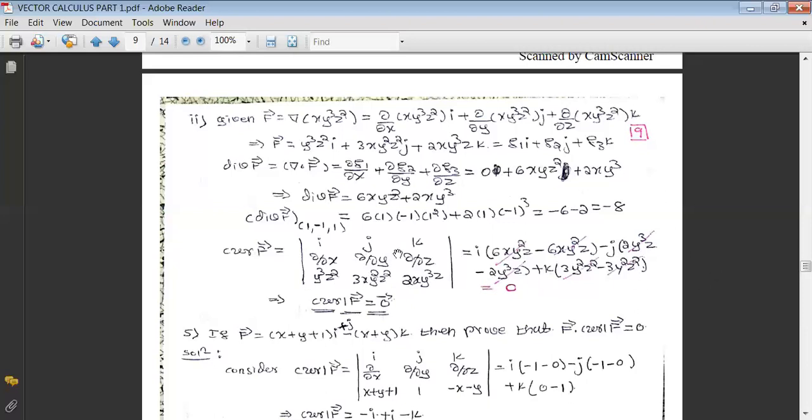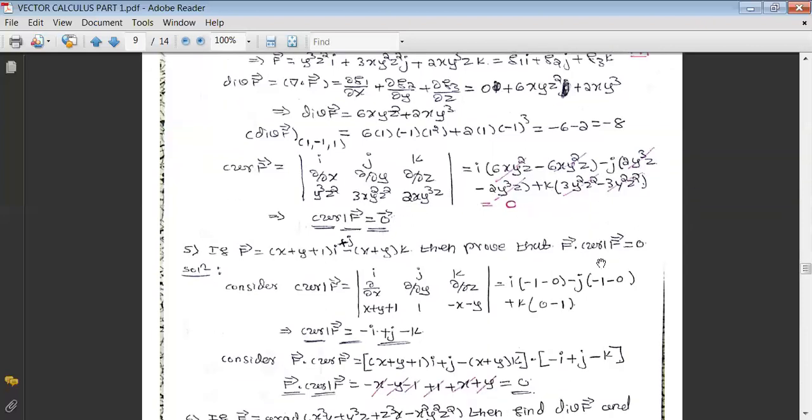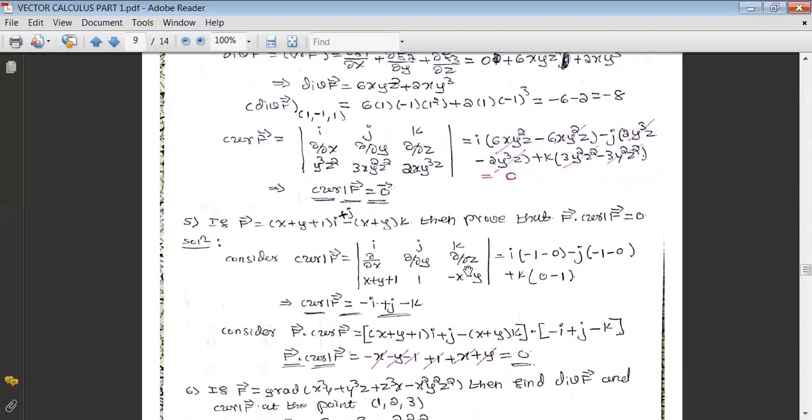And plus k into, leave this row, leave this column: with respect to x, 3y squared z squared, minus the derivative of the first component with respect to y, that is 3y squared z squared. They all get cancelled, and again we find it as 0, the zero vector. That is the value of the curl at the point. Since it is 0, we cannot take the point in this case.